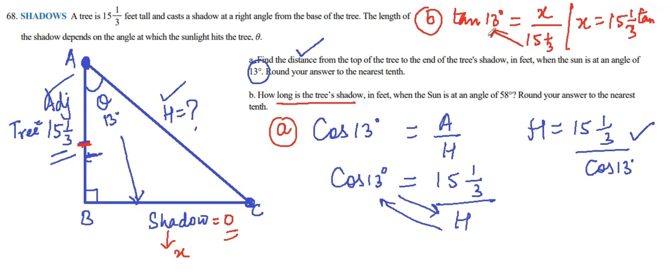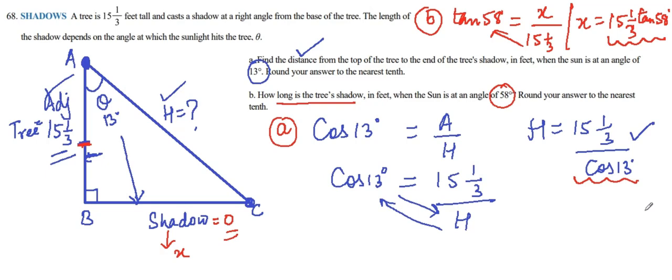Oh, you do not take tan 13 here, the angle is different. In the B part, the angle is 58. If you read here, the angle is 58. So write 58 here and also here. Use the calculator and solve this value for the A and B parts.